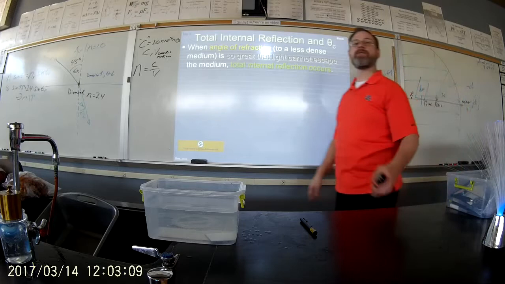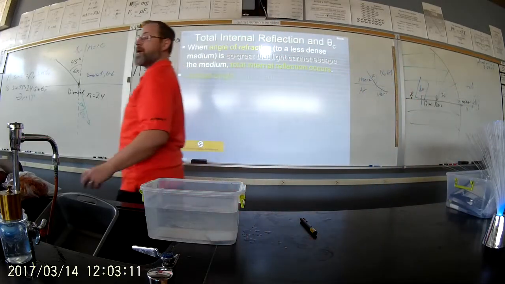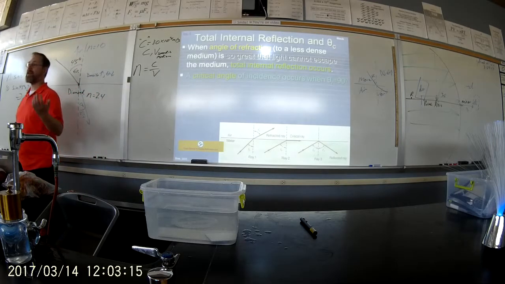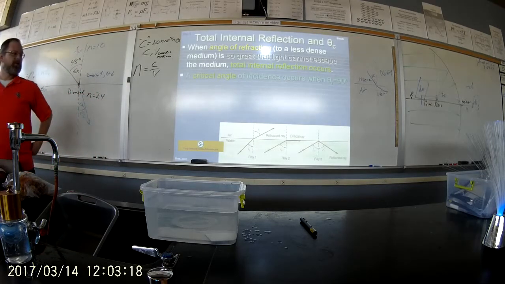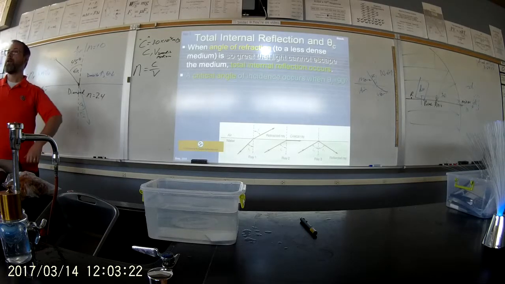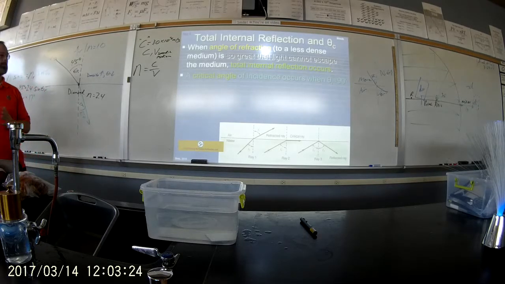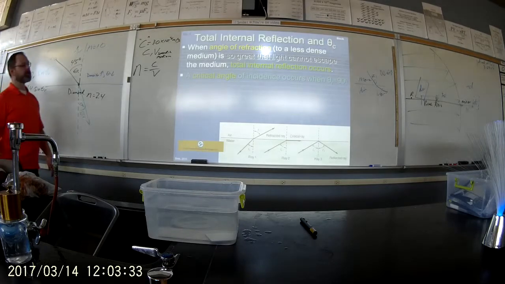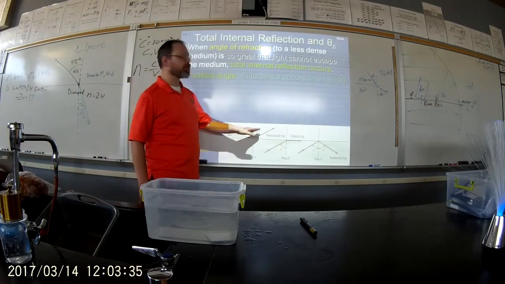When that happens, the light gets trapped and we get total internal reflection. Light can't escape because you can't have the angle cross the normal, and it certainly can't cross the boundary plane. Again, it only happens when you go from a more dense medium to a less dense medium.